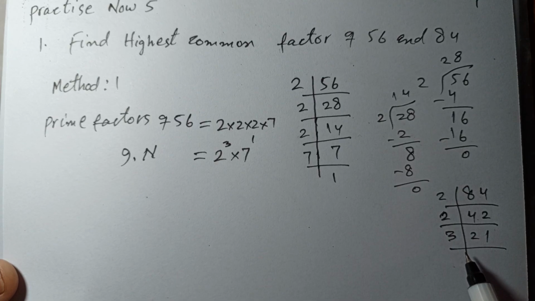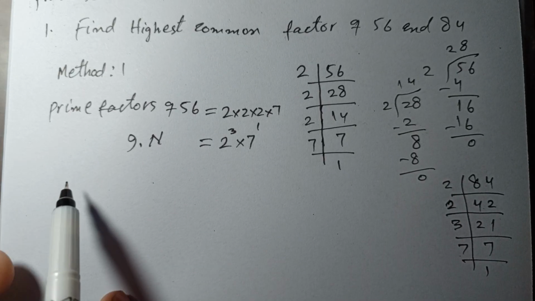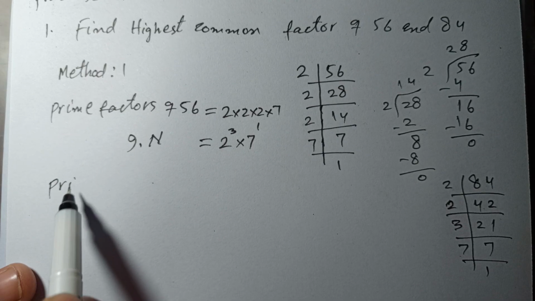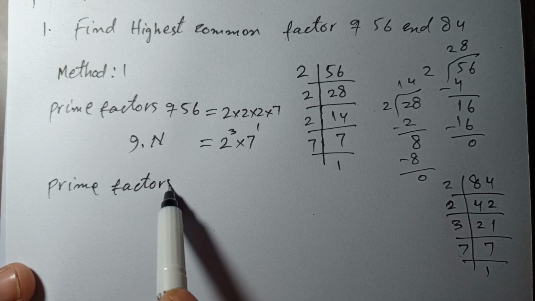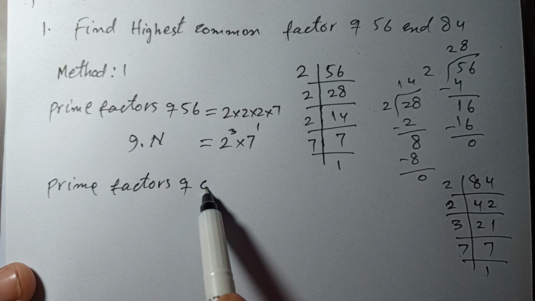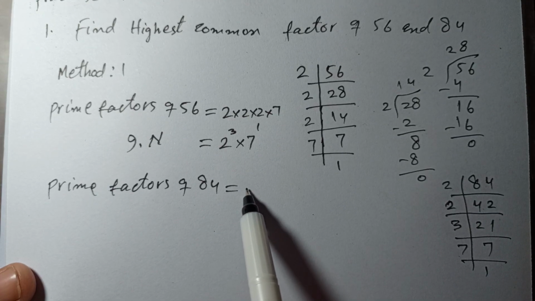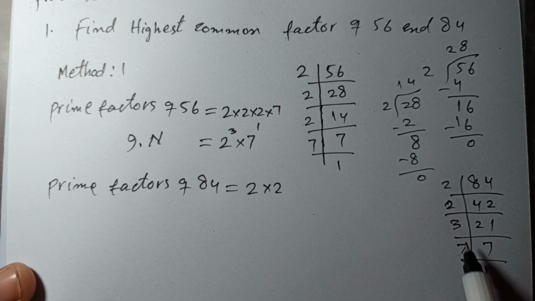21 is divided by 3. 3 7s are 21. 7 here. Now 7 can be divided only by 7. So 7 1s are 7. These are the prime factors of 84. We will write here prime factors of 84. Prime factors of 84 are 2, 2, 3 and 7.